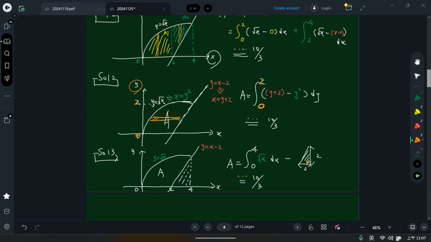Okay, so these three ones are acceptable, but it depends on your angle. For the first one, you need to integrate the full two parts, but for the second one, you need just one. However, we need to change the angle from x to y, right?